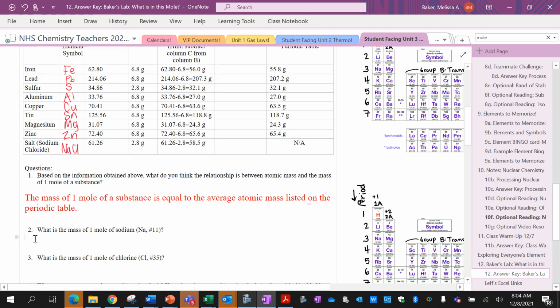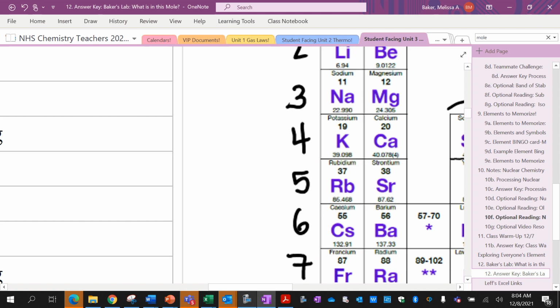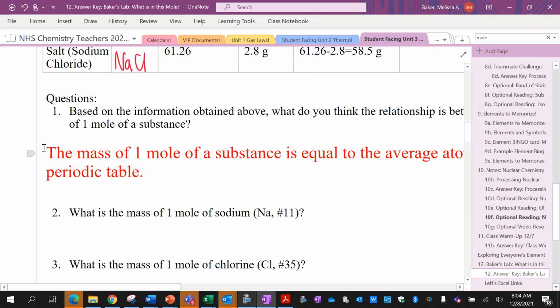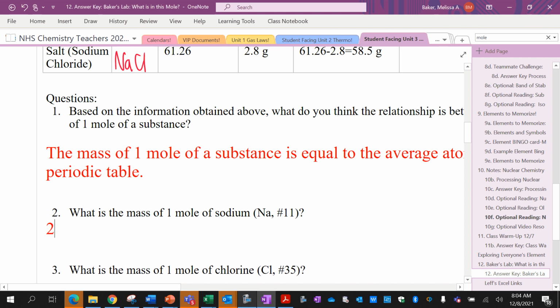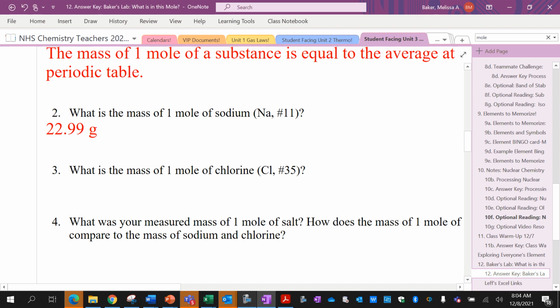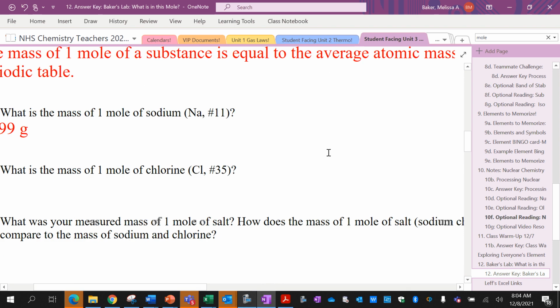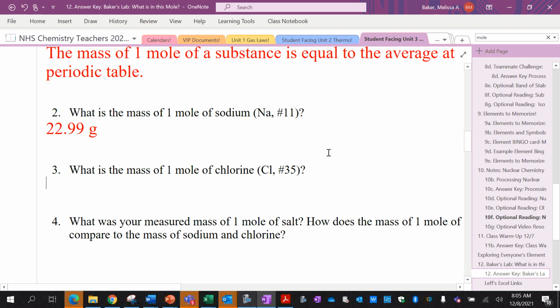Okay, what about sodium and chlorine? So sodium on the periodic table is up here, 22.99. And what's the mass of 1 mole of chlorine? Chlorine is 35.45.